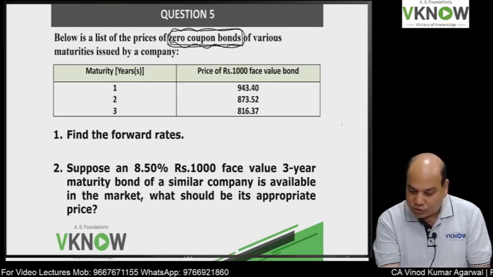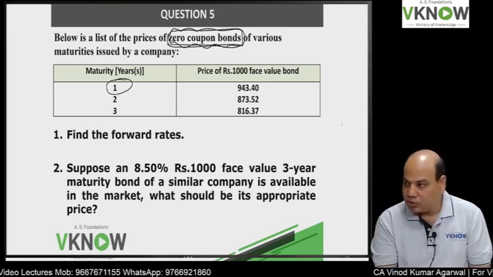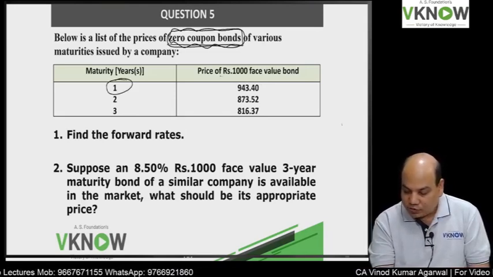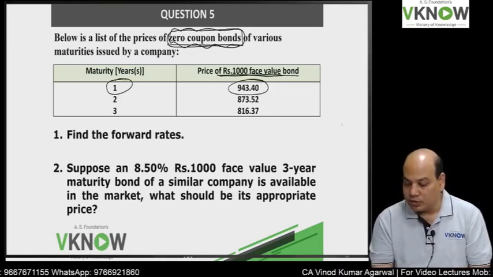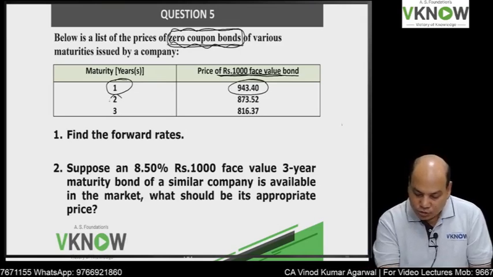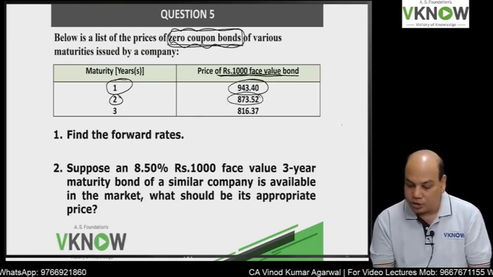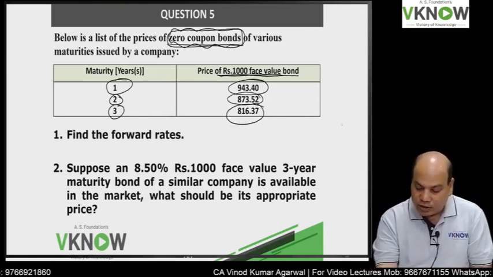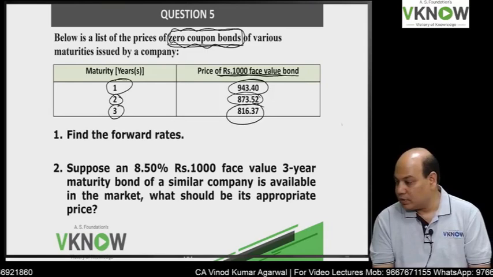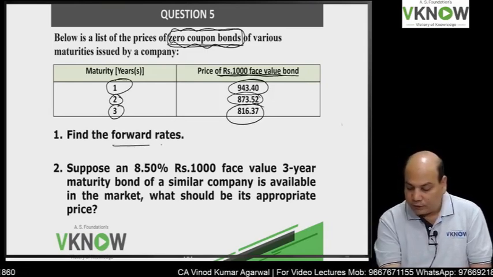Year 1 maturity: face value is 1000 rupees, but the price is 943.40. Maturity is 2 years, the price is 873.52. The maturity period is 3 years, the price is 816.37. Find the forward rates.